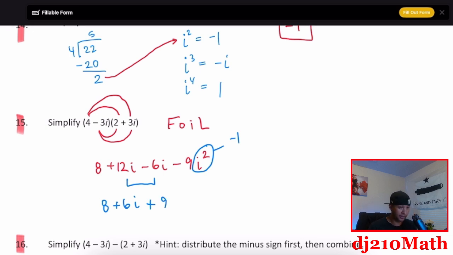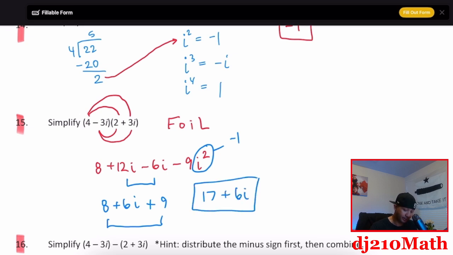The -1 just changes the sign. And then final answer, combining like terms, 8 plus 9 is 17 plus 6i. Right, that's our final answer. So FOIL is a big one, and then understanding that i squared is -1. i times i is i squared, which is -1.